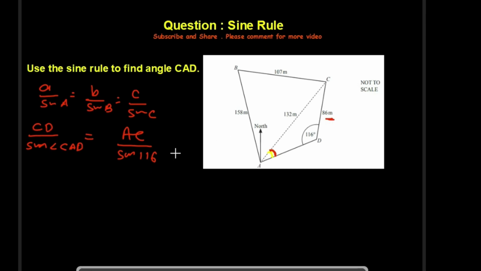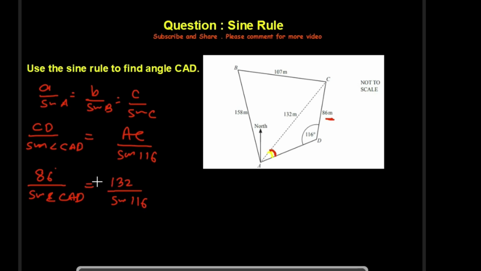So CD in this case is 86. I am going to write 86 upon sine angle CAD, which is equal to AC. AC in this case is 132, so I write 132 upon sine 116.